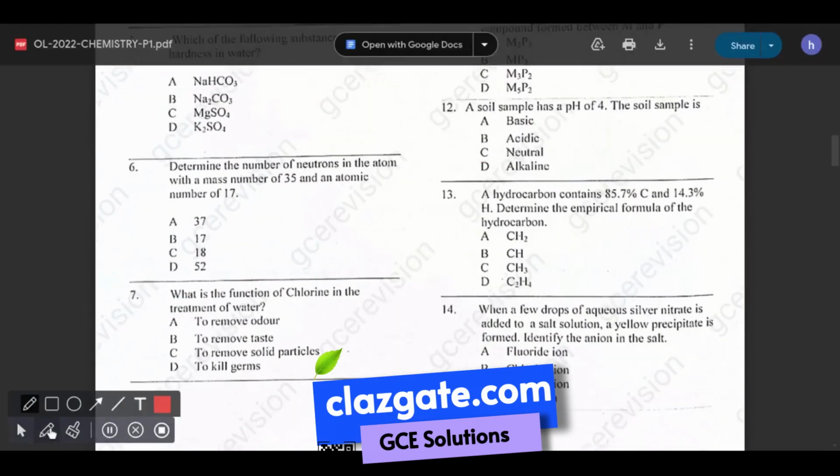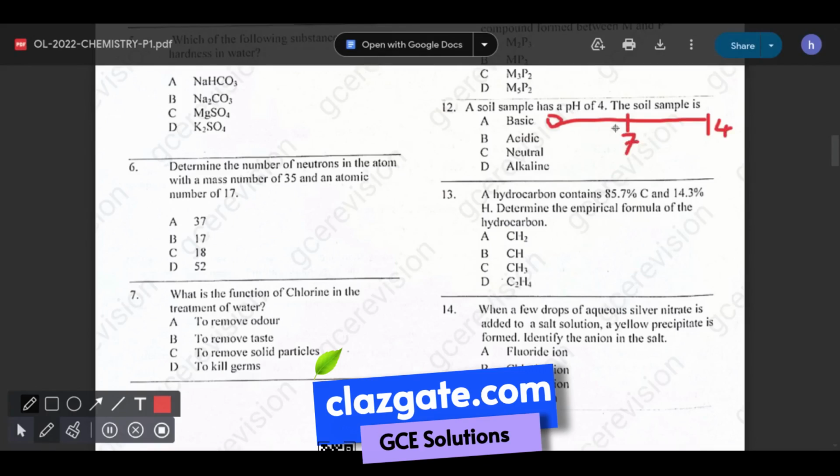Question number 12. A soil sample has a pH of 4. The soil sample is basic, acidic, neutral, or alkaline? So this is a pH scale. The pH scale starts from 0 to 14, and then we have 7. 7 is for neutral.